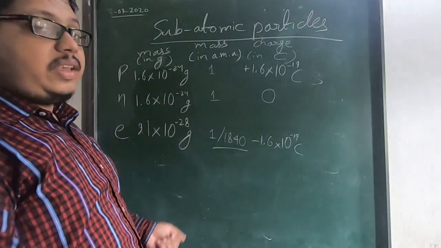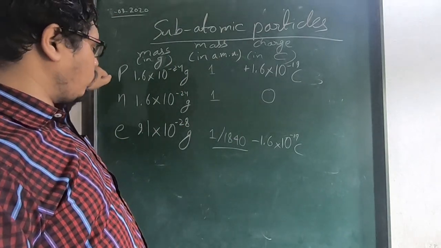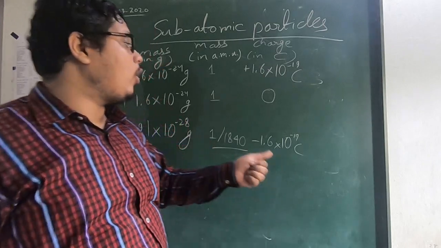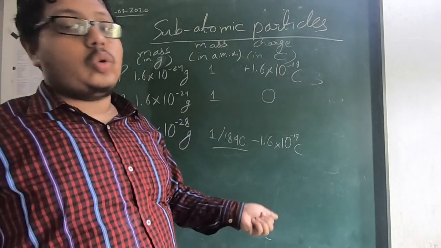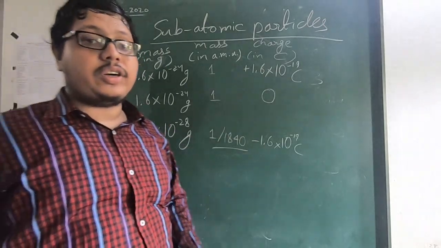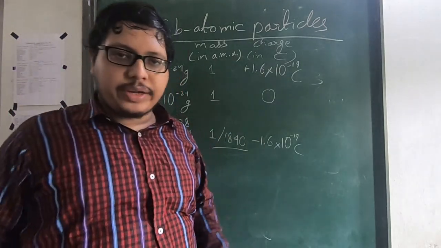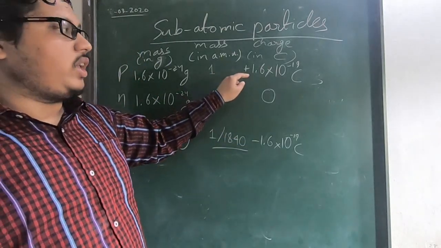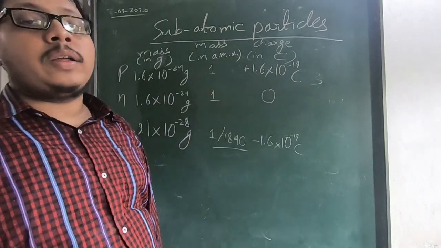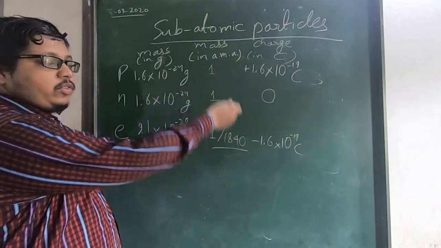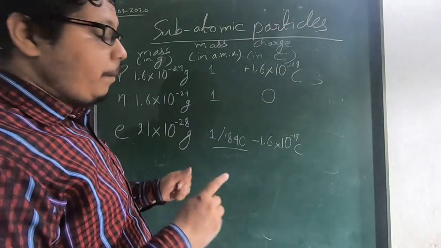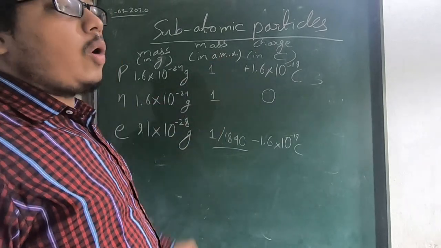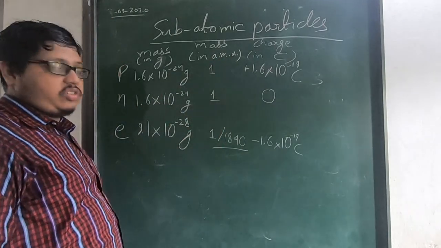As you can see, the charge of proton and electron are the same in amount, however the neutron has no charge. These are all discovered through various experiments which we are not going into, but these values you have to know. The value is same, sign is opposite, and neutron has no charge.